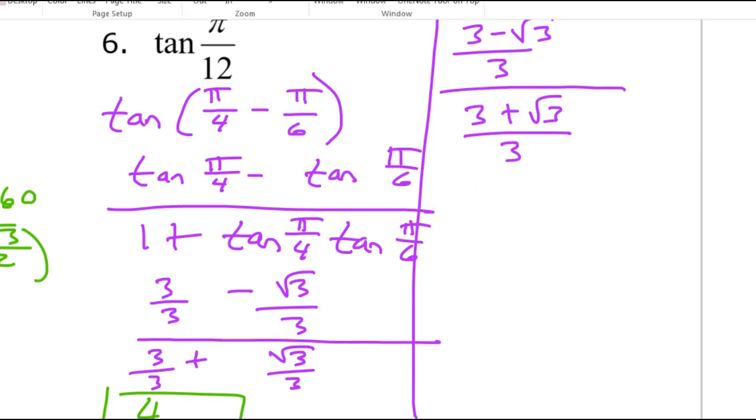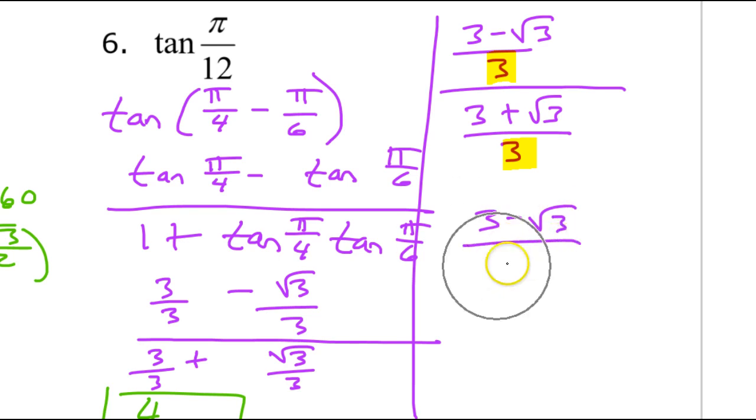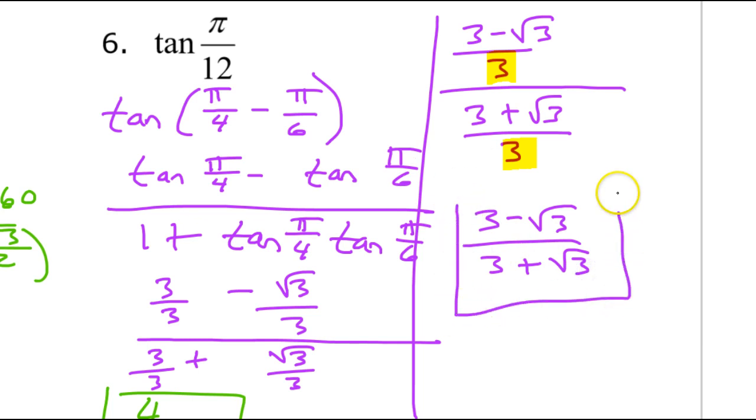All right, notice how the denominators are the same. Boom, boom. Those are going to cancel each other out. So that's going to leave behind 3 minus radical 3 over 3 plus radical 3. And this will be the final answer.